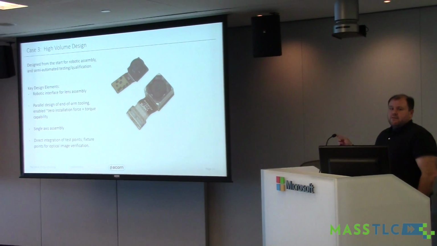We actually designed the end of arm tooling on the robotics in parallel with the product. We had to have essentially a 0 insertion force on the end effector, provide a particular resolution on our theta to do our initial focus setting, and be out of the way of all the optics and run the thing live while we're doing all that. So an interesting parallel effort here of the automation system and the product really from day one.